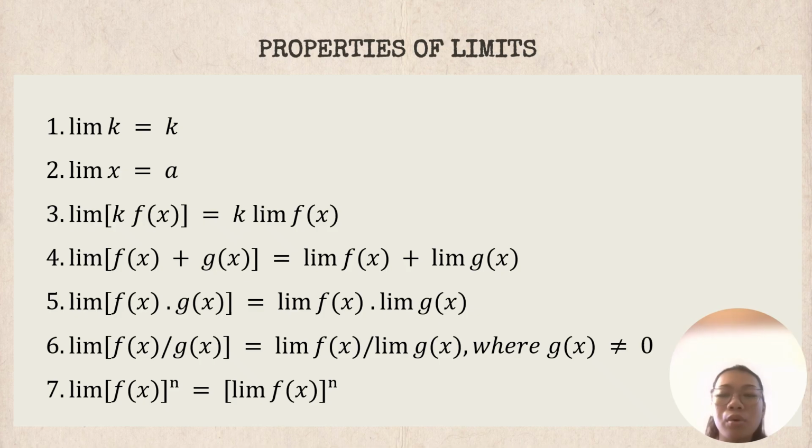There are also rules for subtraction, division, powers, and roots. These properties simplify complicated limit problems and make calculation easier. When evaluating limits, we often use these properties before applying any special method.